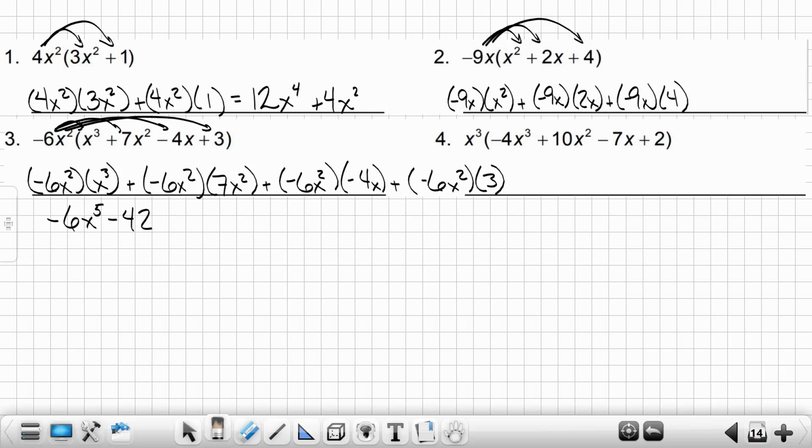Negative 42, x squared times x squared. X to the 4th. Negative 6 times negative 4. Positive 24. Be careful. X squared times x. X to the 3rd. And negative 6 times 3. Negative 18, and the 3 doesn't have an x, so we just keep the x squared.